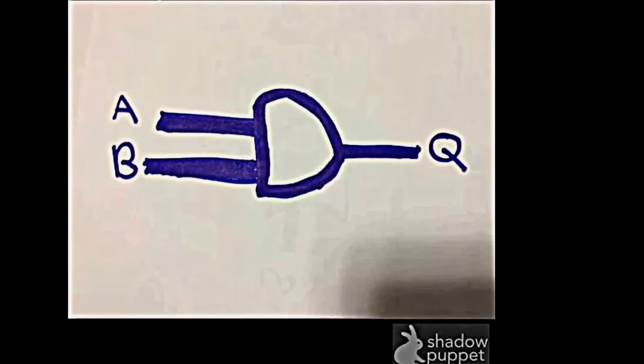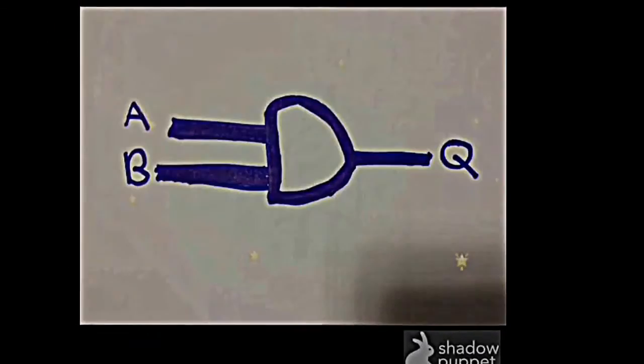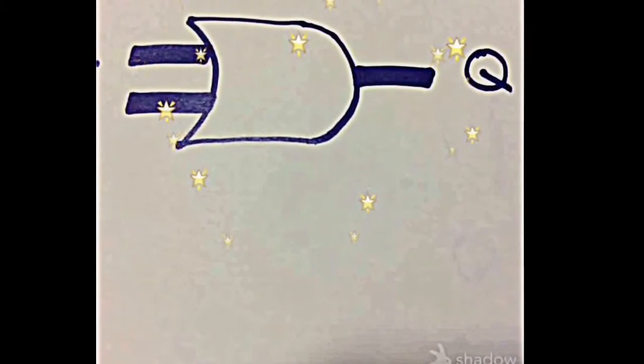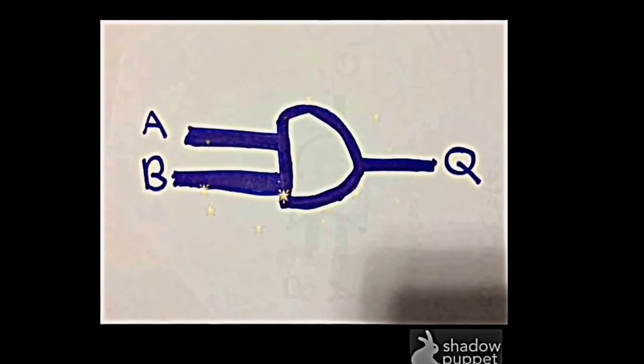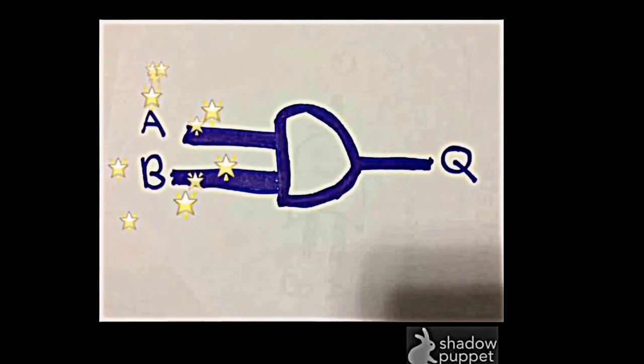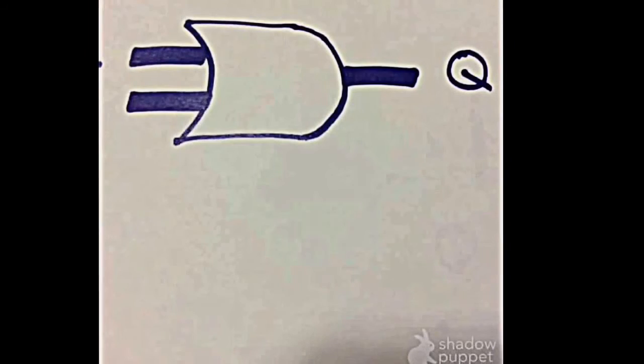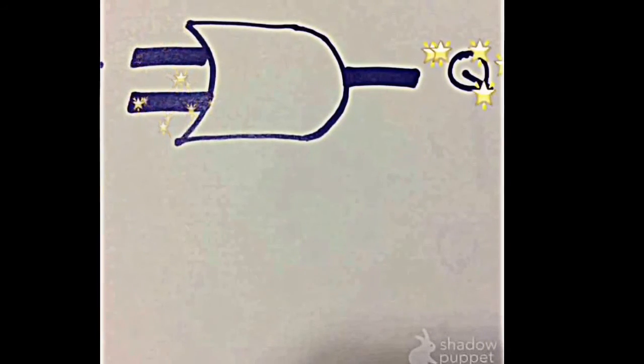Common mistakes. People normally make mistakes between AND gates and OR gates. Reason being, AND gates have two inputs and one output, and OR gates also have two inputs and one output.